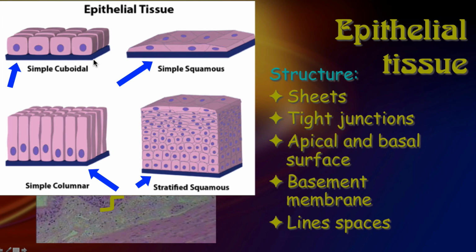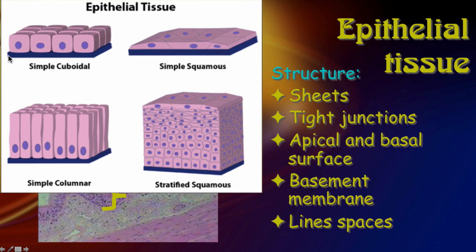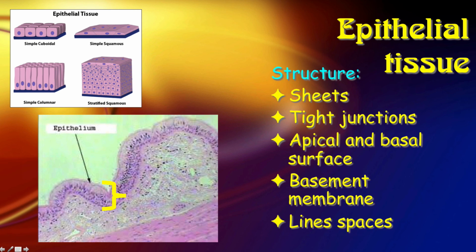The other side is attached to another tissue. And where they meet, the epithelial cells have produced some cell product that forms a basement membrane. But the basement membrane is on the basal side, and the basal side is always attached to another tissue. Again, apical surface, always a free surface, meaning it lines space.